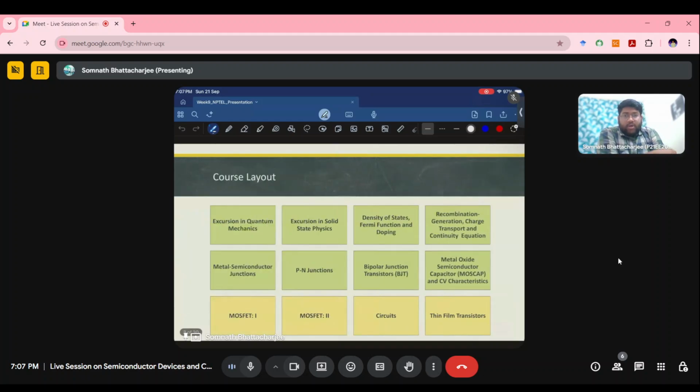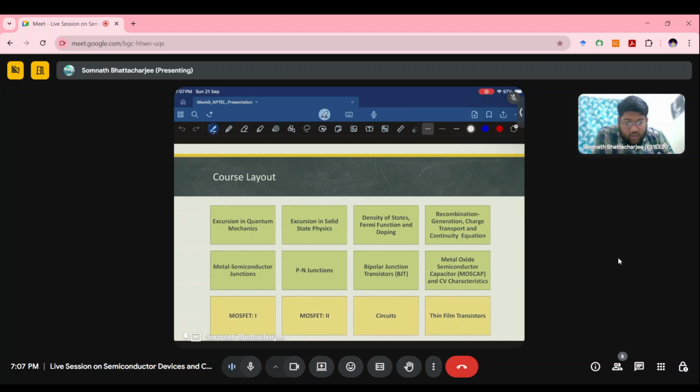So this was the basic course layout of this course. Up until now, we have completed more than half of the course, that is 8 weeks, and we have already learned about the basic device structures. We have moved towards the transistors, that is the bipolar junction transistors. And now we have already learned about the MOS caps, that is the metal oxide semiconductor capacitors, or the MIS caps, that is the metal insulator semiconductor capacitors.